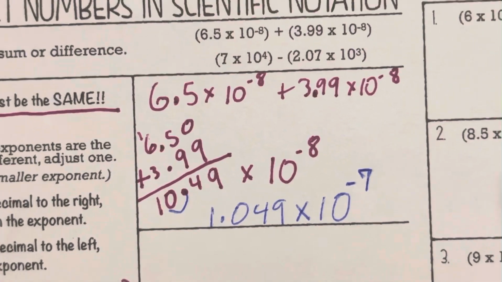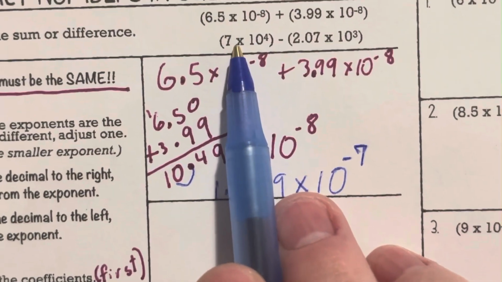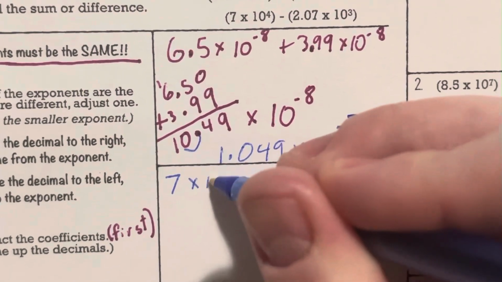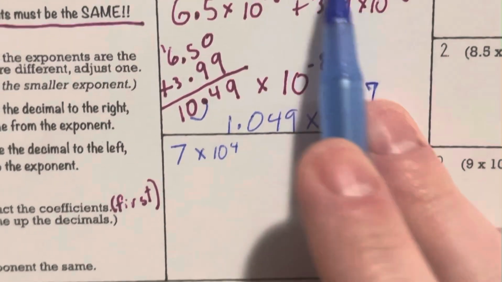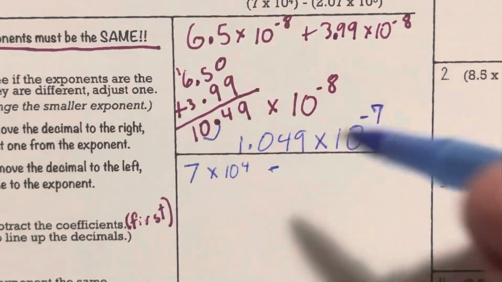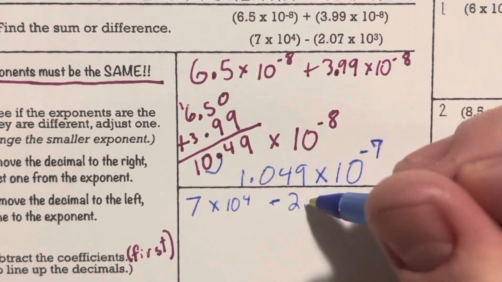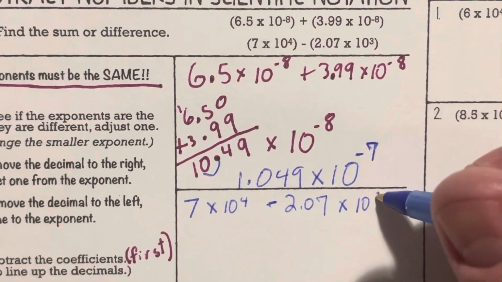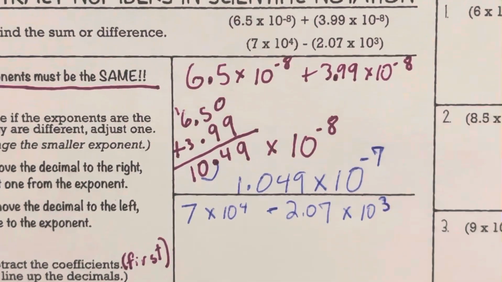Okay? Our second example says we're going to have 7 times 10 to the 4th, and we are subtracting this time, minus 2.07 times 10 to the 3rd. Uh-oh.